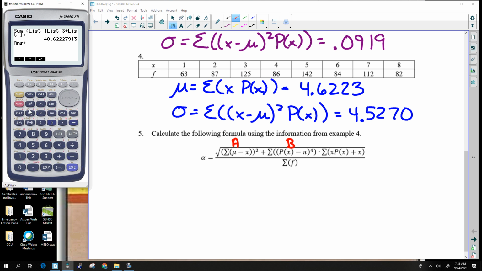And that is going to be stored as the letter C. Last but not least is that denominator, which is the sum of f, and that gets stored as the letter D.